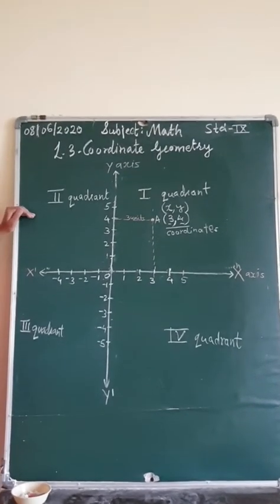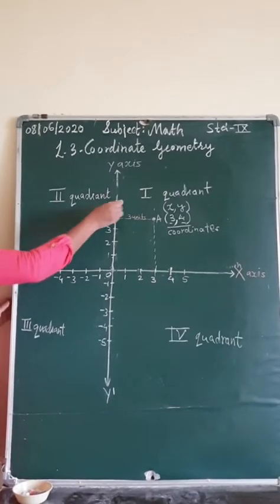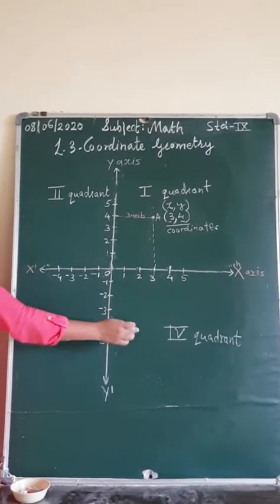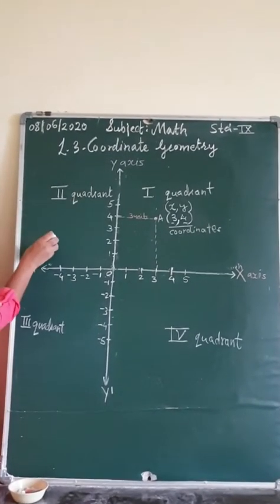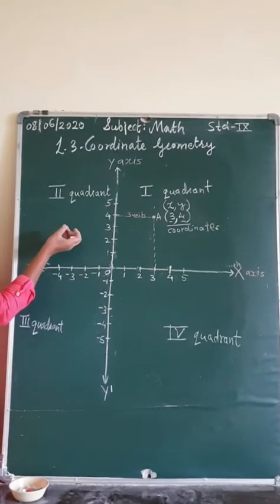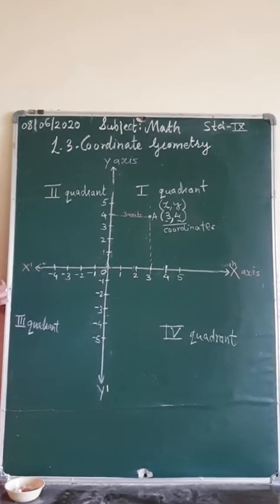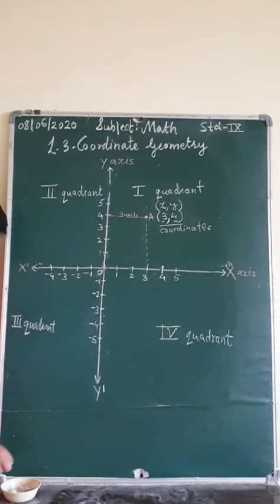As you have learnt about the quadrants we get with this coordinate plane, first quadrant, second, third and fourth, now we will see when the points are located in different quadrants, what are the coordinates of these points. Suppose here I have point A, which is already given.